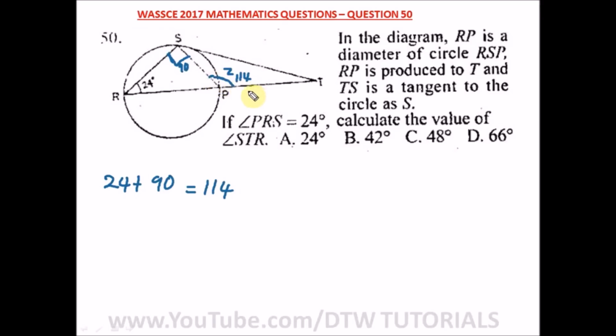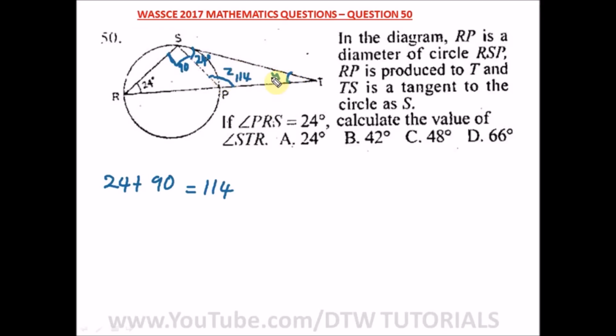Also remember that alternate segments are equal. This angle is alternate to this angle here, so these two angles are equal. So this is 24 degrees. Since we've gotten this, it is now easy for us to get our angle STR, that's this angle Y.